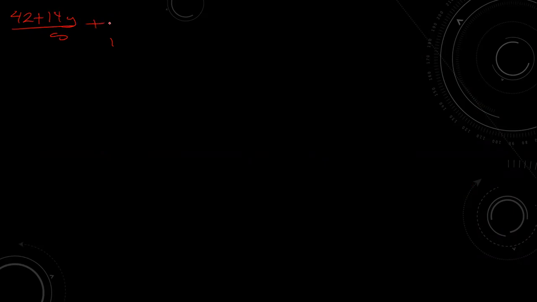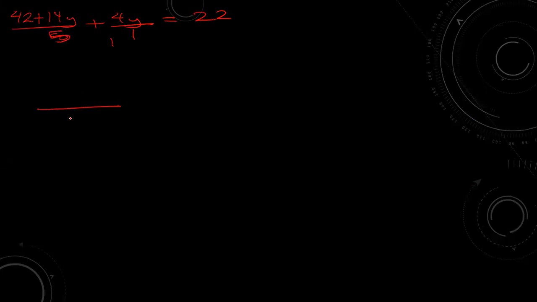So we have 42 plus 14y over 5 plus 4y equals 22. We can take it as a fraction, so we'll take this 4y over 1. What is the LCM of 5 and 1?